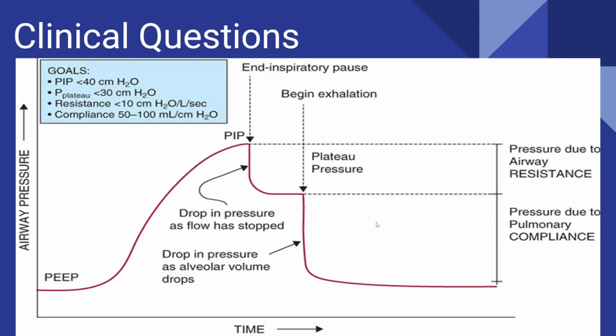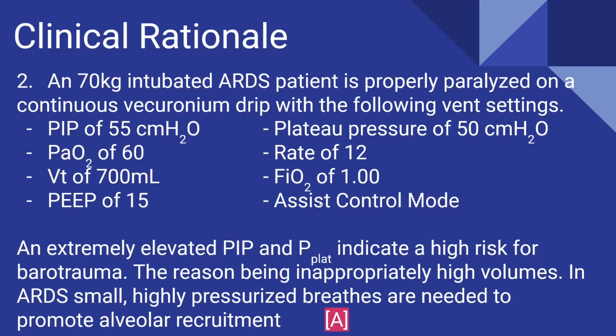So the concerning thing with this is that the peak inspiratory pressure is very high. It's above 40 at 55. The plateau pressure is above 30. It's at 50. And the PaO2 is still low. It's only at 60, despite a high fraction of inspired oxygen, or FiO2.